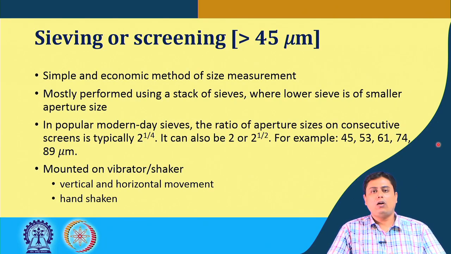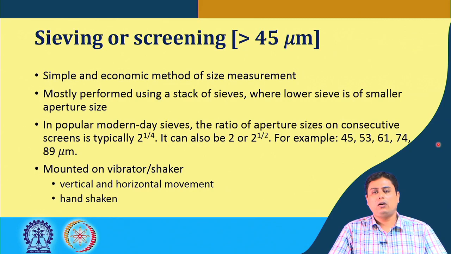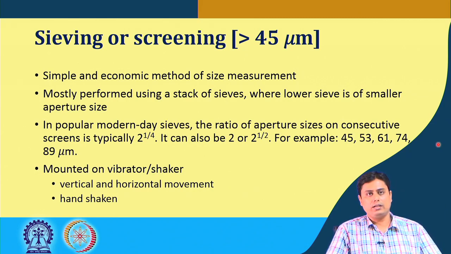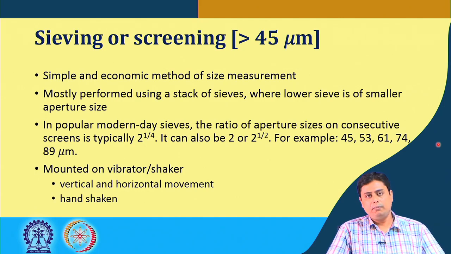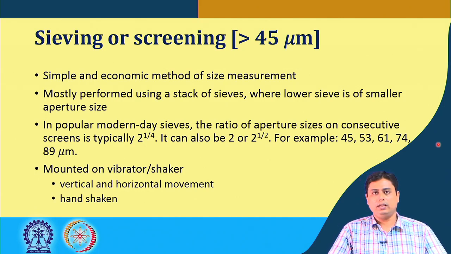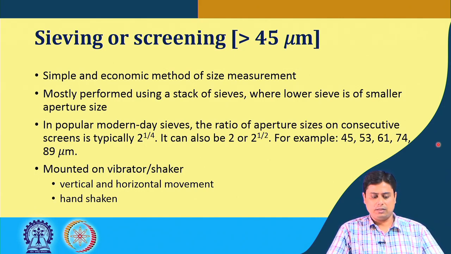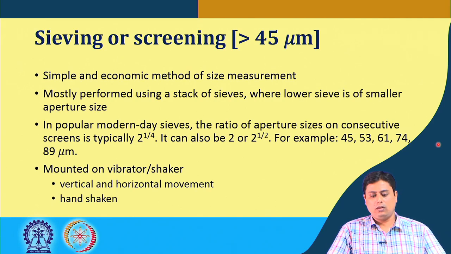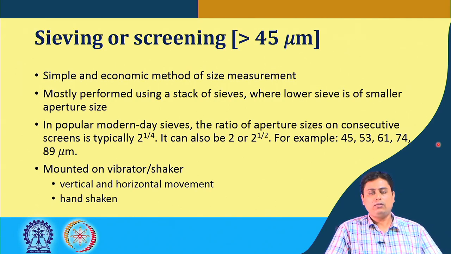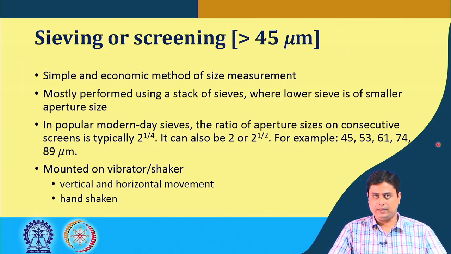In sieving, or also popularly called a screening mechanism, it is one of the most simple, in fact the simplest and economic method for the size measurement. It is mostly performed using a stack of sieves, where the lower sieve is of smaller aperture size.